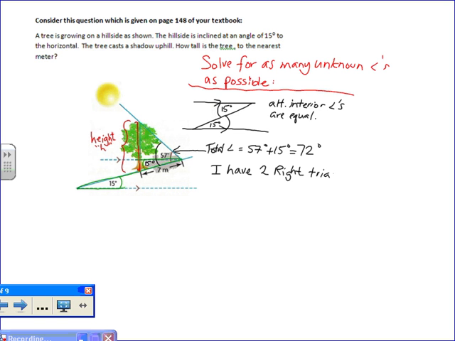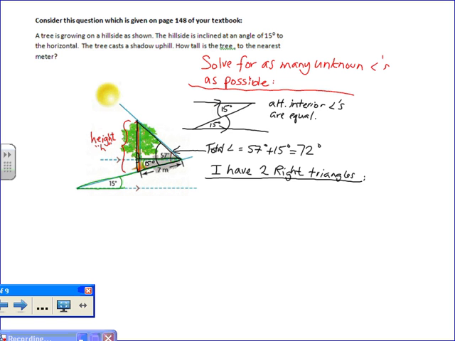If you look at the diagram, inside my acute angle, I have a little triangle right here. That is a right triangle. So there's one on the bottom right there. And then there's also one above it. So the top of the tree and the horizontal make another right triangle right here.